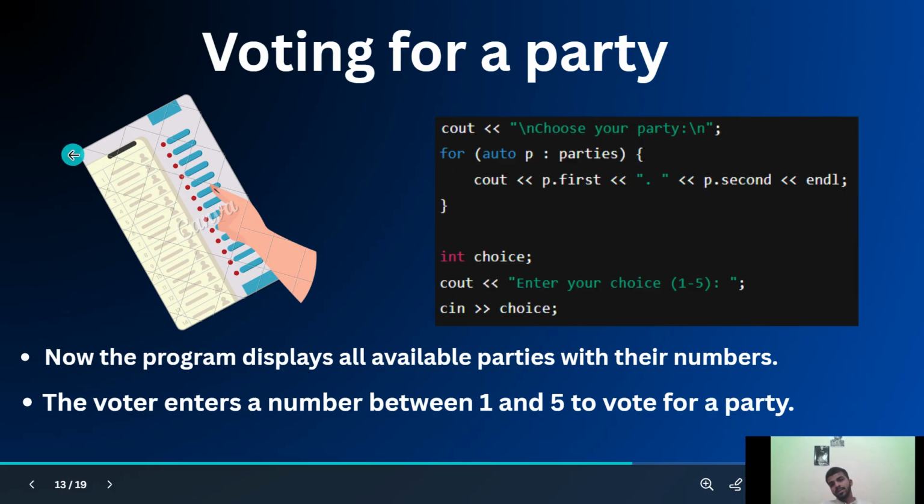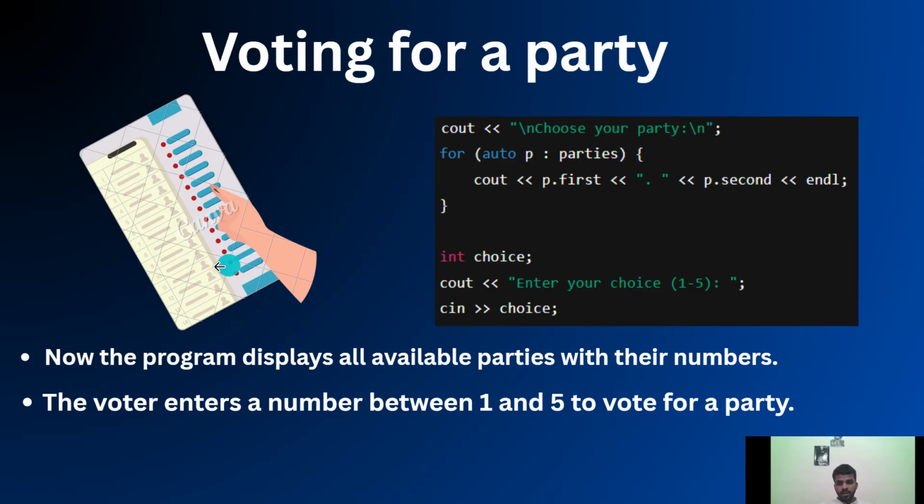The election machine gives the party names and party numbers, for example BJP, INC and so on. Since we took 5 parties in the first slide, it shows only 5 options. When you press 1 to 5, it records the vote for that party.